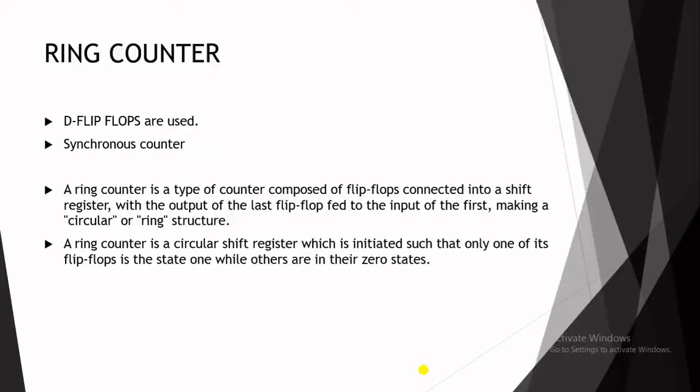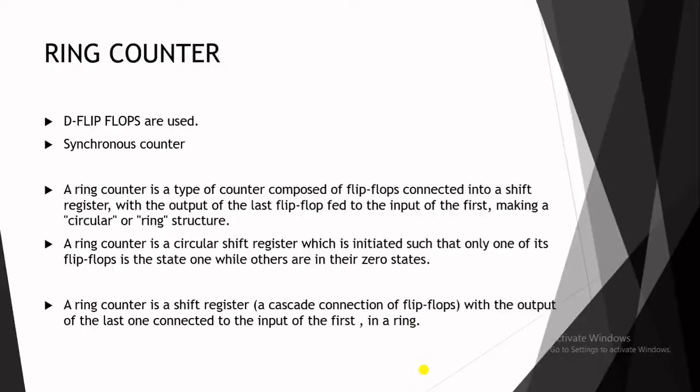A ring counter is a circular shift register which is initialized such that only one of its flip-flops is in state 1 while others are in their 0 states. A ring counter is a shift register, in which cascade connection of flip-flops is possible. So a ring counter is a shift register with the output of the last one connected to the input of the first. It is like a ring.